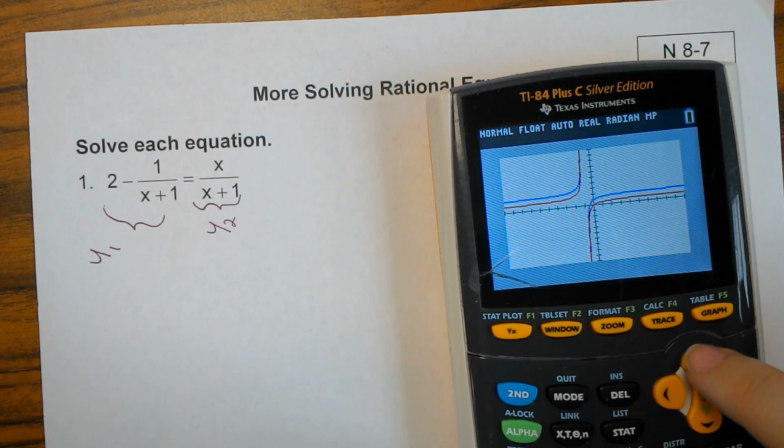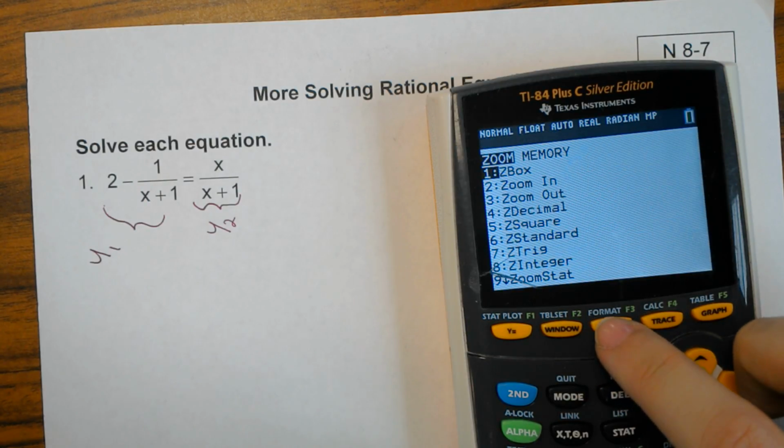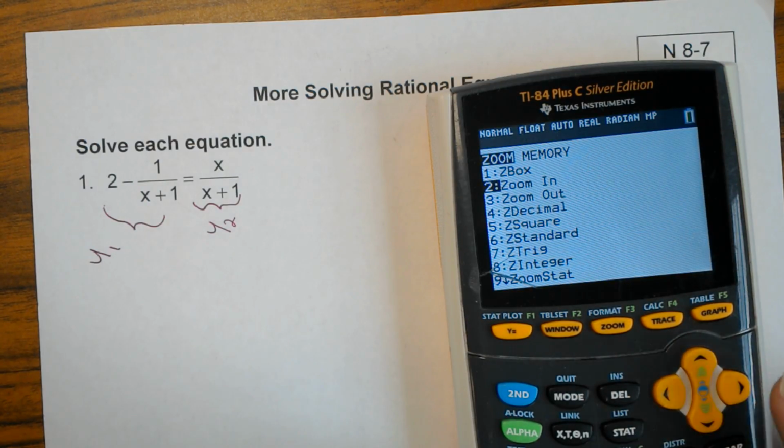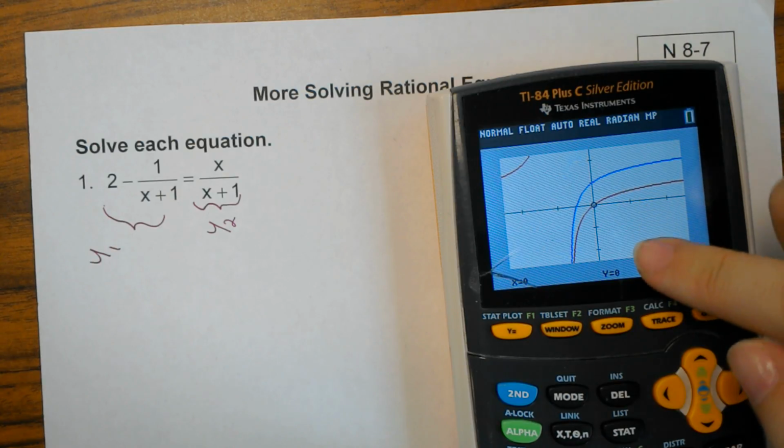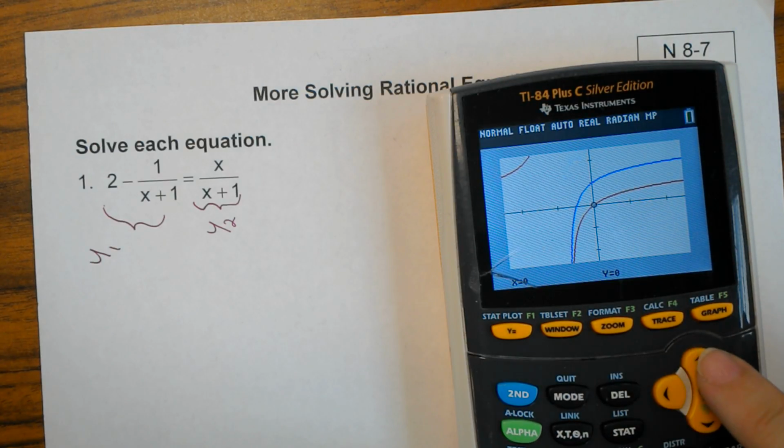So go back to the graph. I'm going to zoom in, so zoom 2. So I'm starting to think that they don't cross each other at all.